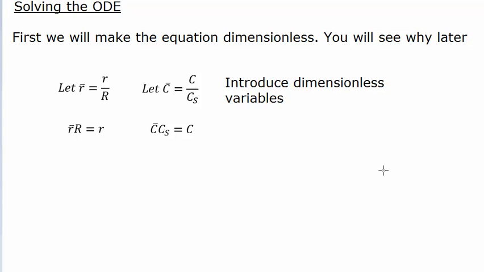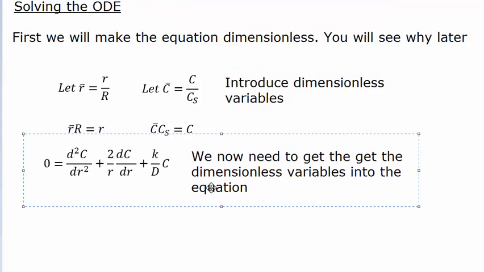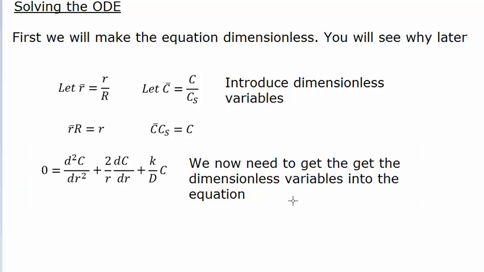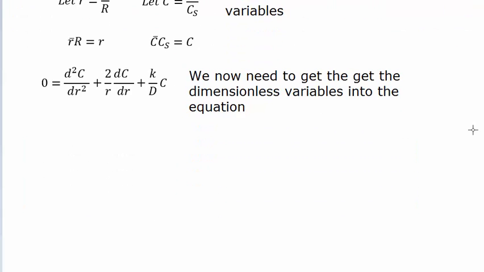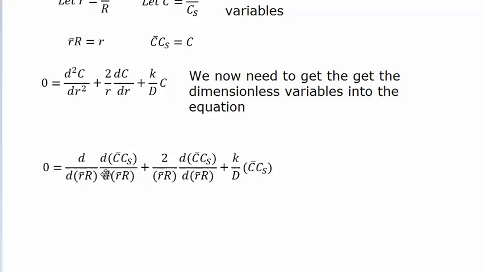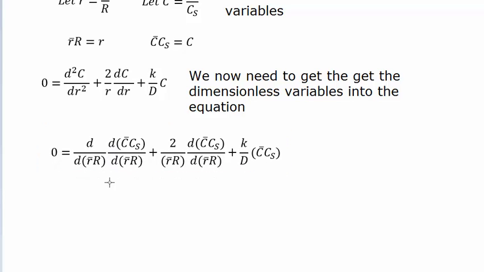So now we look back at the previous equation we had. I dropped the A notation just because it's going to get very messy soon, but the next step is going to be incorporating these two dimensionless variables, r bar and C bar, into this equation. So the kind of trick way of doing it is literally just substituting these in. What you need to be careful about is you can't do the d squared c dr squared.